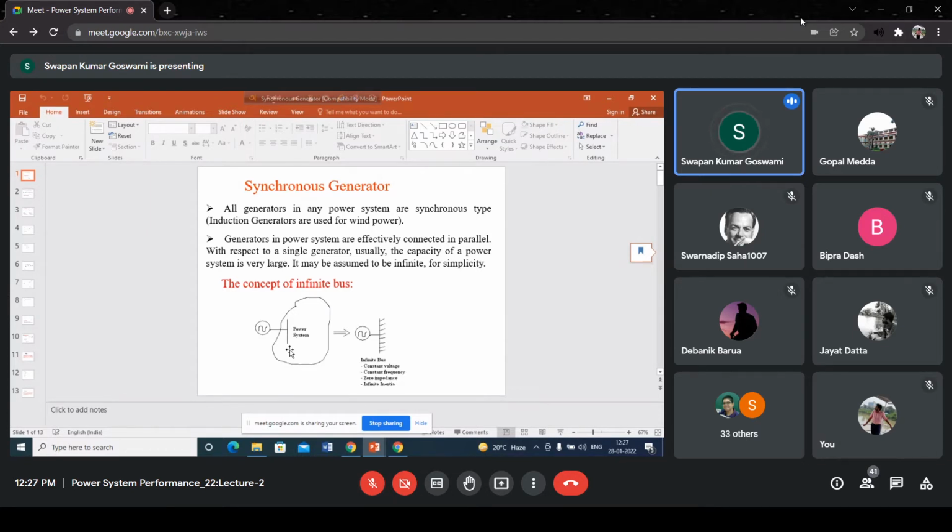And we have a definition for the infinite bus as well. What is that infinite bus? A bus which acts as an infinite power source, or an infinite power sink. Infinite in the sense that obviously it cannot truly be infinite, but when we talk about a very large generator with respect to a small generator, the capacity of the bigger generator is as if infinite.